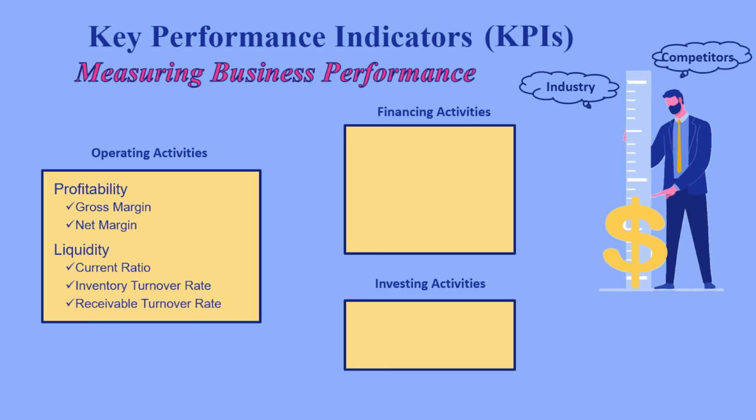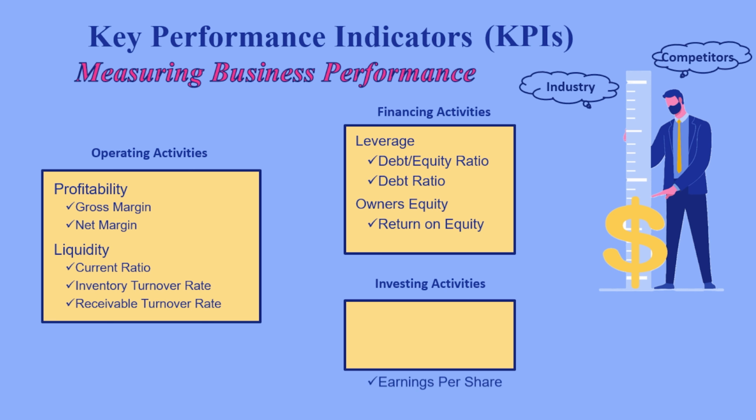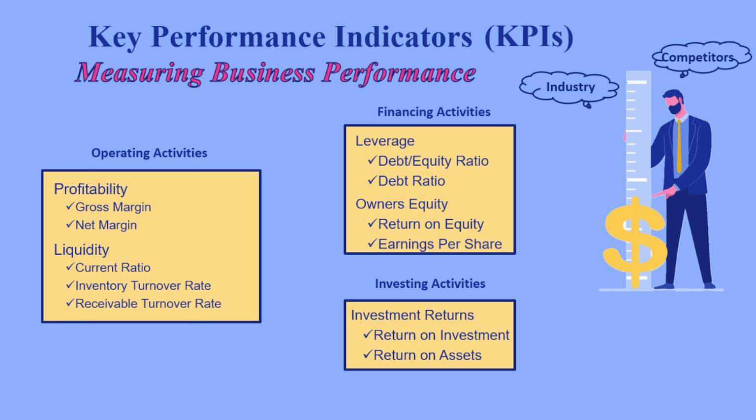KPIs for financing activities include leverage, the debt-equity ratio, and the debt ratio. And owner's equity includes return on equity and earnings per share. Investing KPIs include investment returns such as return on investment and return on assets.